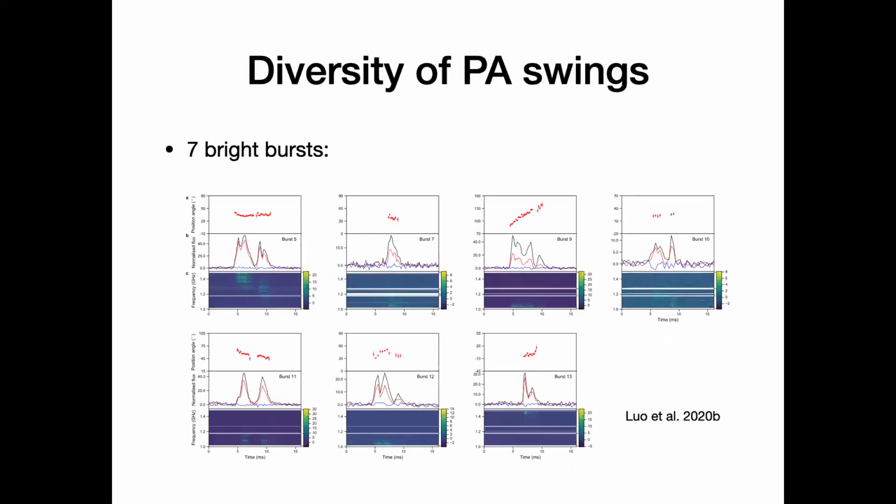Yeah, exactly. If you look at the first burst, the polarization is very flat. For the others, the polarization fraction is lower and the PA swing is larger, except for the last one, which is very interesting.